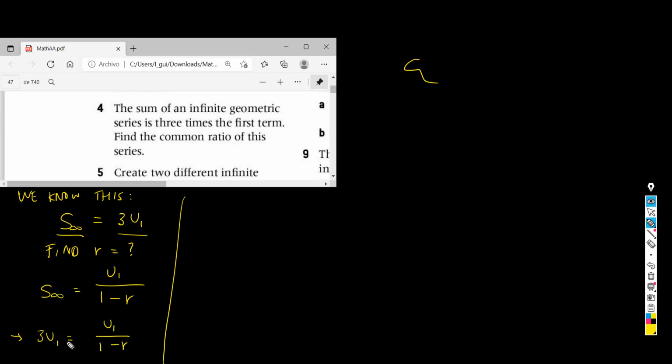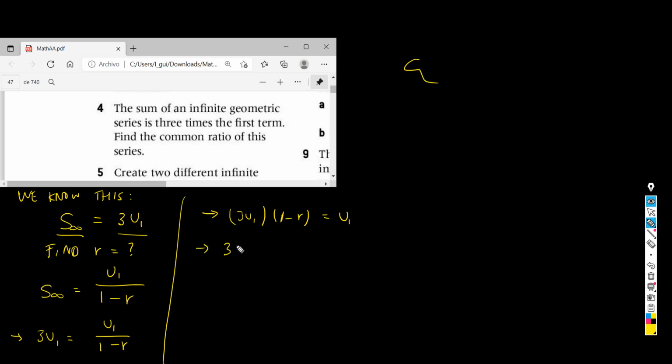So let's see. After that substitution, I'm going to multiply both sides by 1 minus r. This is just basic algebra. 3u1 over 1 minus r equals u1 becomes 3u1 equals u1 times 1 minus r.